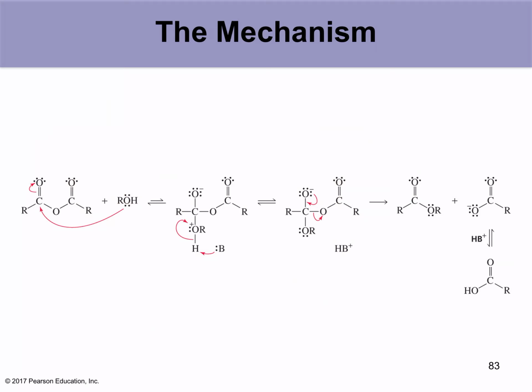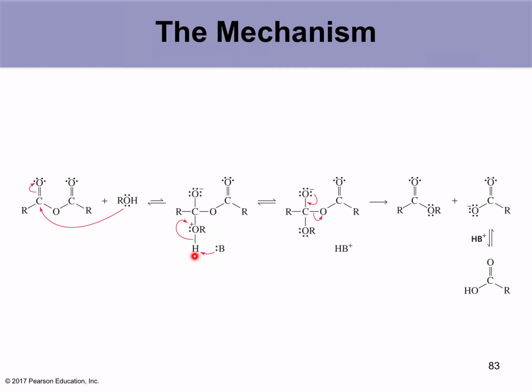Here's the mechanism of how the acid anhydride reacts with an alcohol. It's a symmetrical anhydride, so the alcohol can add on to either carbonyl carbon. Again, the pi bond opens up, so we have the alcohol part here.